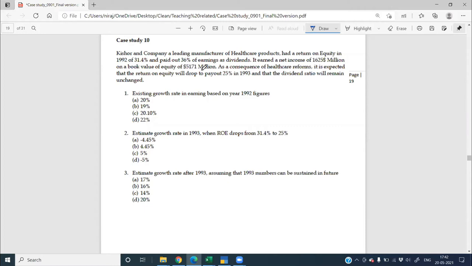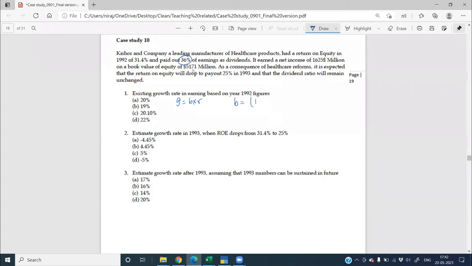Calculate the following. The first thing that we have to calculate is the existing growth rate in earnings of 1992. So what is our formula for growth rate? The formula for growth rate is G equals B multiplied by R. This we have already studied. Here we are paying a dividend of 36%, so what will be my retention? 64%.